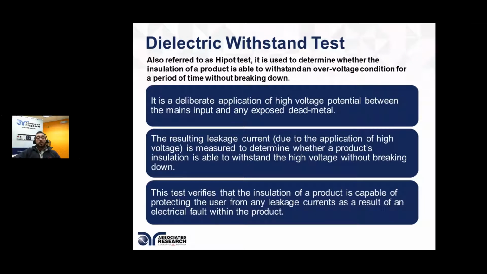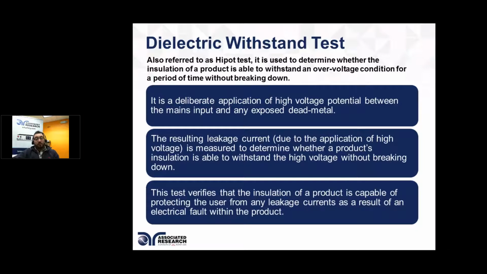Now, the assumption behind the HiPot test is that if the insulation in a product is able to withstand a high amount of voltage for a given amount of time without breaking down, we can assume that during its normal life cycle, the product insulation will be sufficient and can be trusted in case some fault occurs in the device under test and there's leakage current or a current flowing on the chassis.